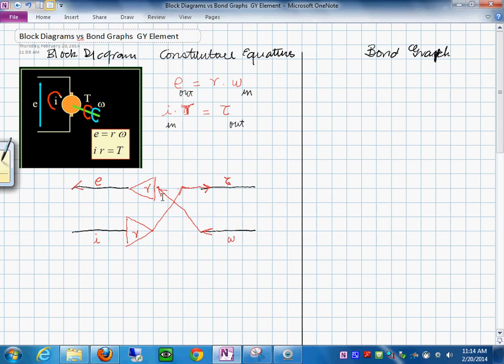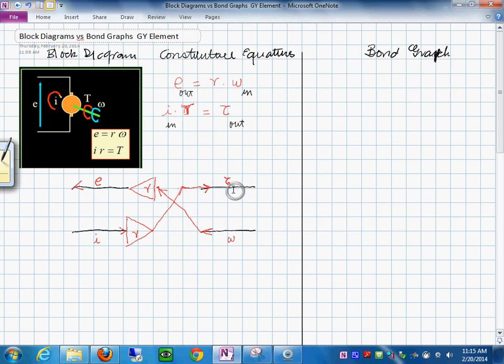See? And this is my block diagram for these equations. So this is the way we write the block diagram for this.